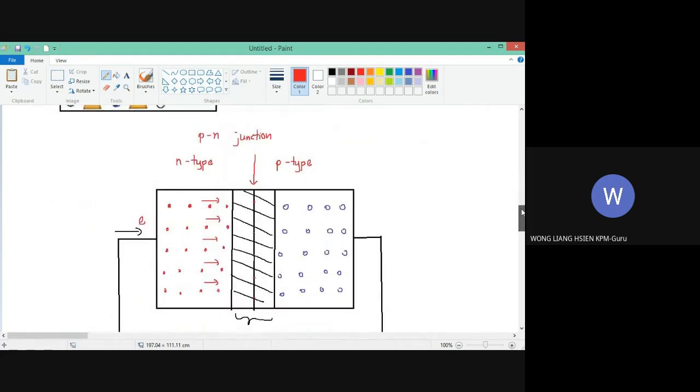Where there's a junction voltage. Okay, so you see, because here has extra electron, here has a lack of electron, here is negatively charged, here is positively charged.